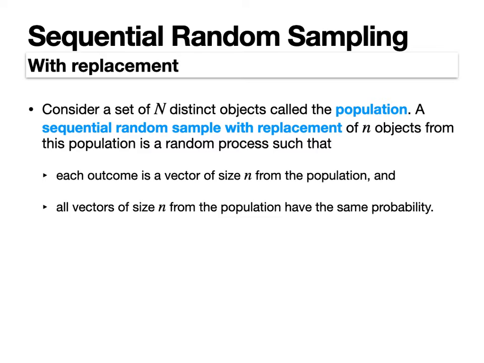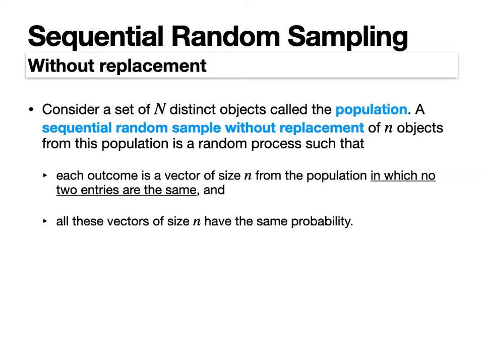In contrast, a sequential random sample without replacement of little n objects from a set of size big N is a random process such that each outcome is again a vector of size little n from the population, but not just any vector. It's a vector in which no 2 entries are the same. And again, all these vectors have the same probability.